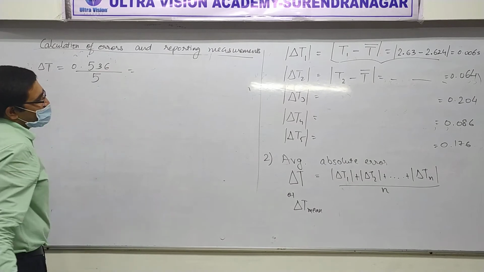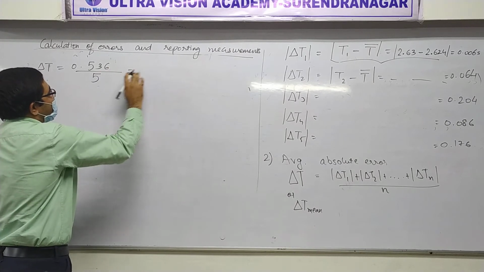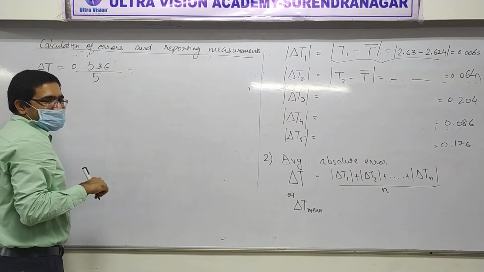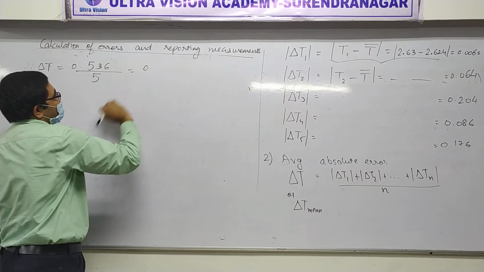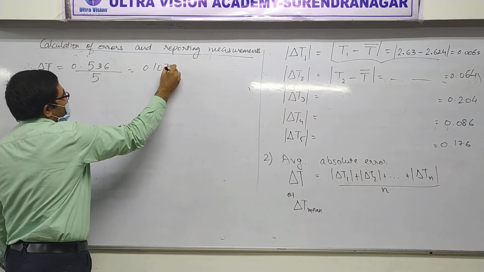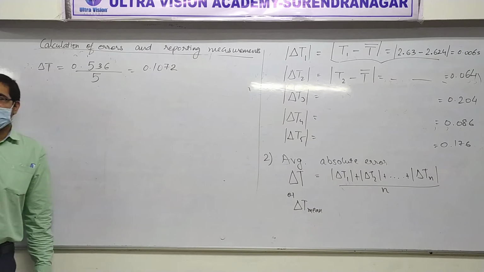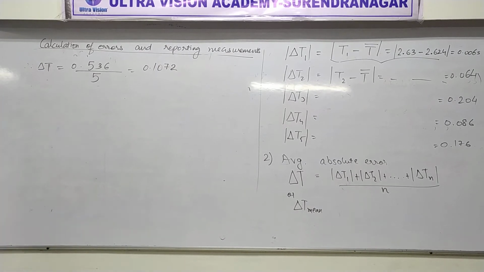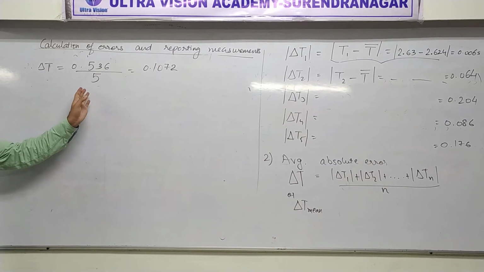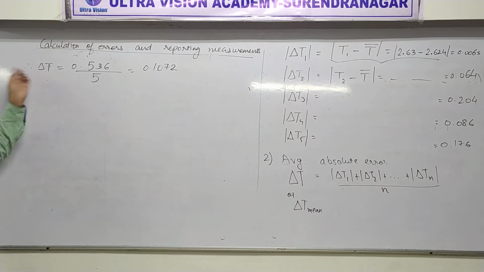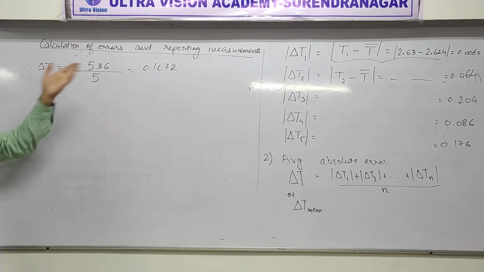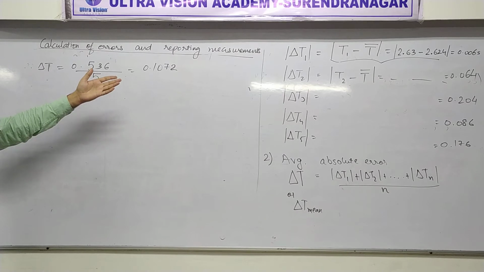So that's going to be, you can write that. So it will be what? 0.1072. Clear or not? Yes. Sure? Yes. 0.1072. Fine. Okay, that's it. There are too many digits, don't you think?